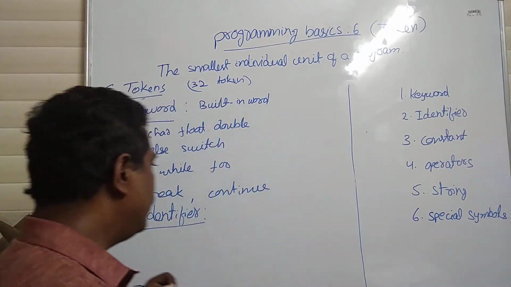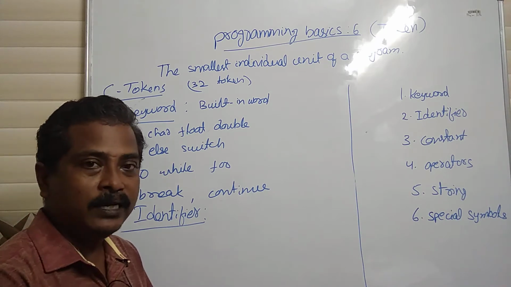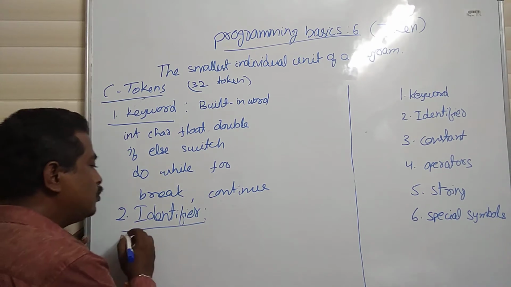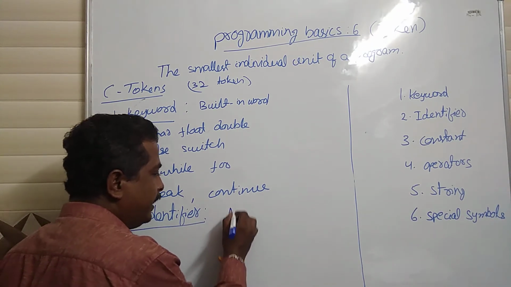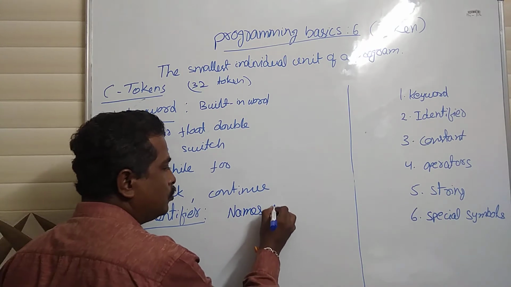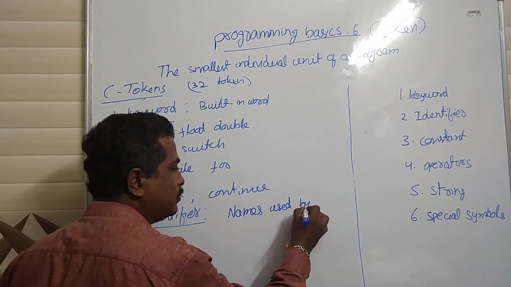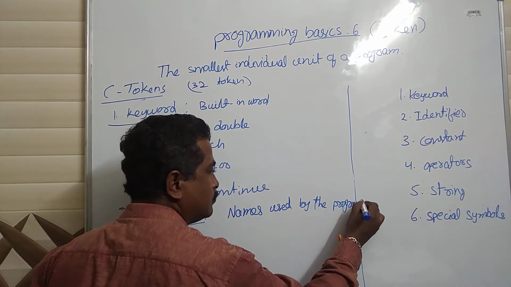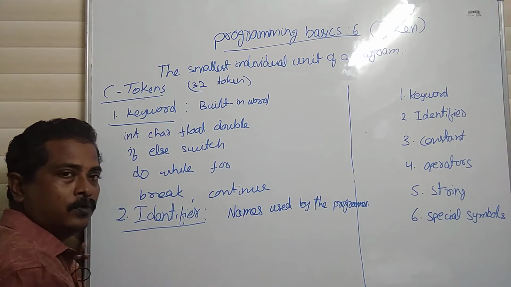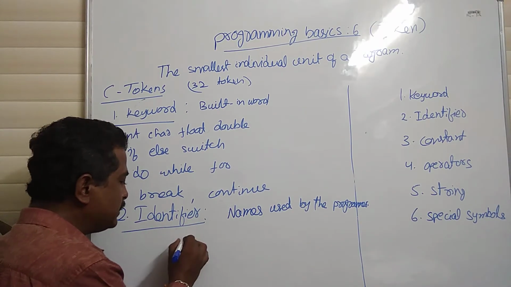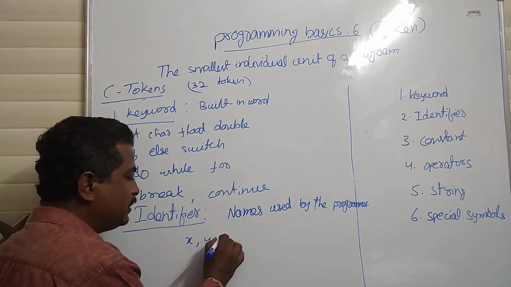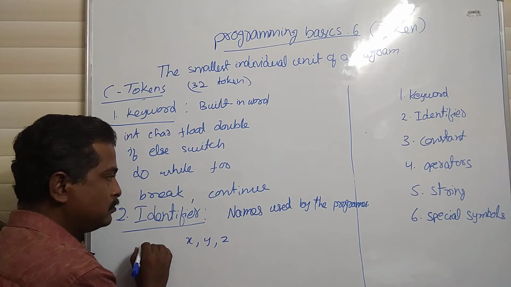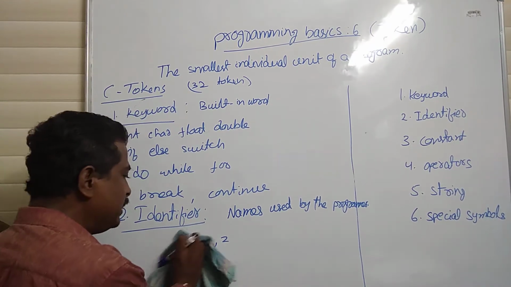Those variable names which the user declares inside the program are called identifiers: names used or created by the user or by the programmer. For example, in the last program I took x, y, z. These are identifiers. Basically, these are variable names.